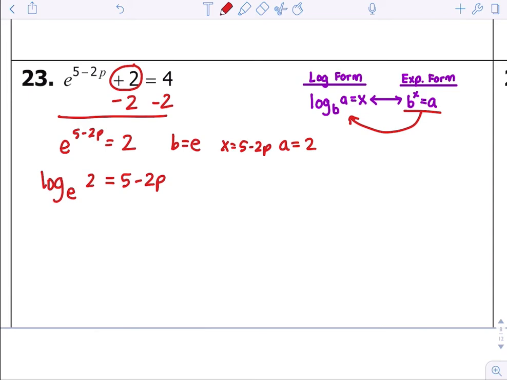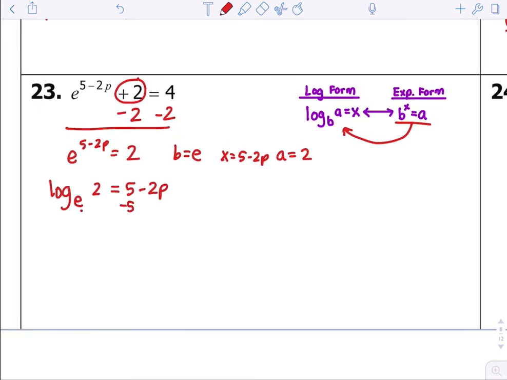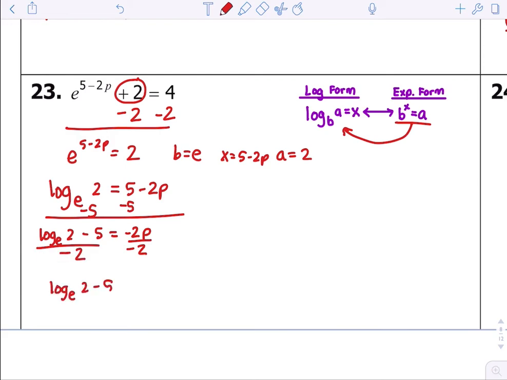So let's isolate p. Let's subtract both sides by 5. Log base e of 2 minus 5 is equal to negative 2p. Divide both by negative 2. We're going to have log base e of 2 minus 5, all divided by negative 2 is equal to p. So let's change this to be ln, so we can put it in our calculator.